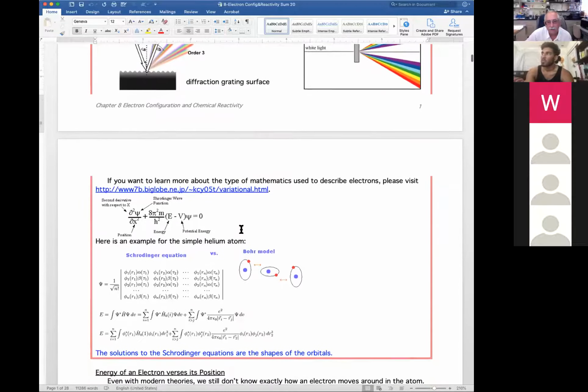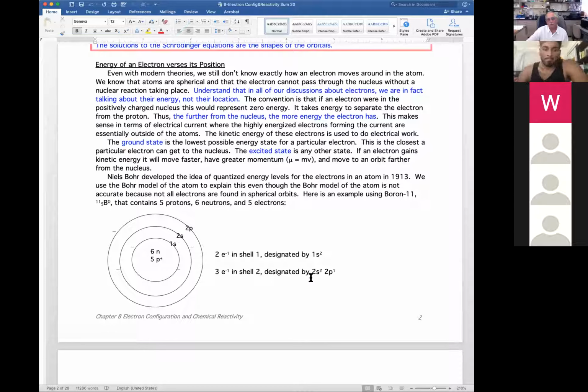So all the things that we're talking about, like say we're talking about an electron in the 2p1, right? All that is really not a place, it's an energy. So here would be 0 energy. If I take the electron out of the nucleus and move it out here, I had to put energy in there to do that. So the farther from the nucleus, the higher the energy.